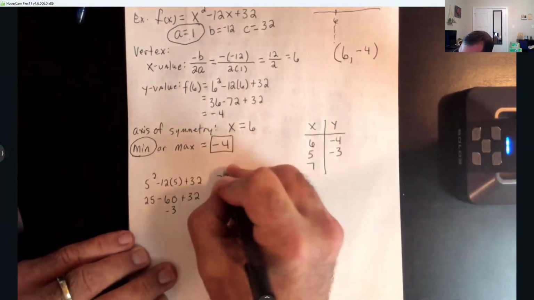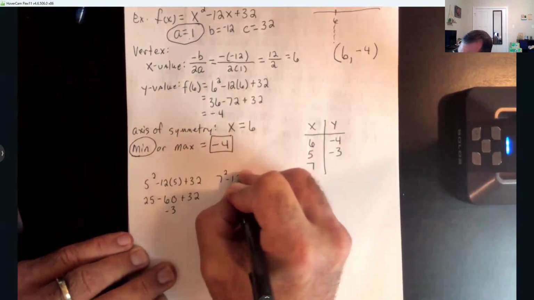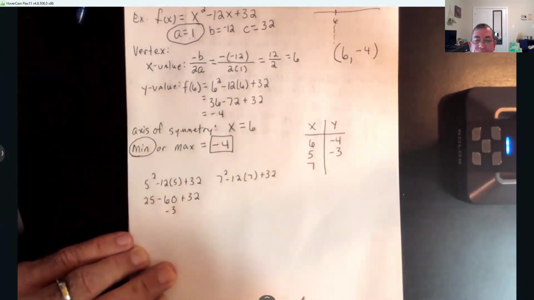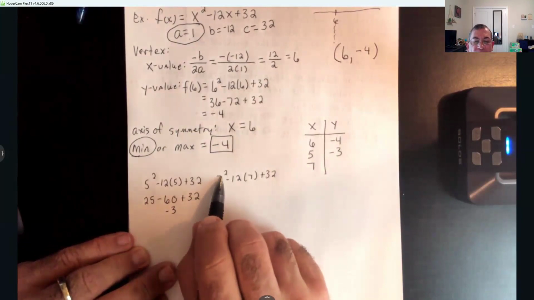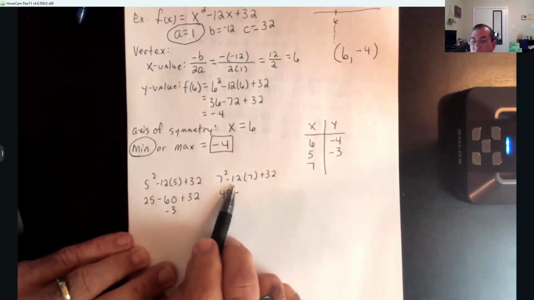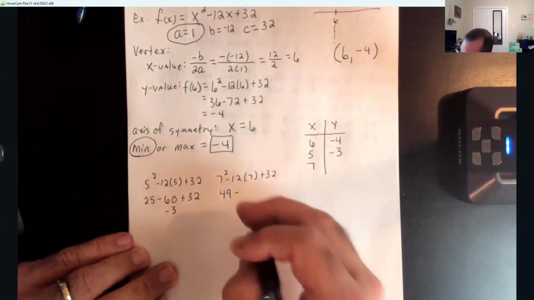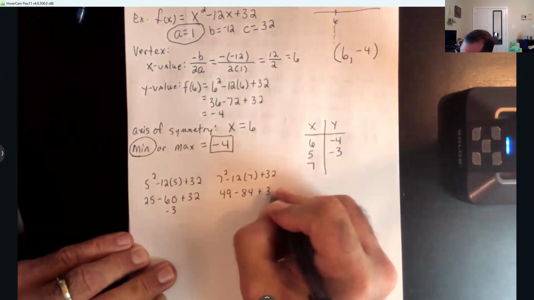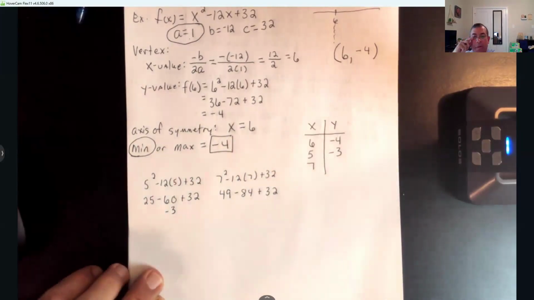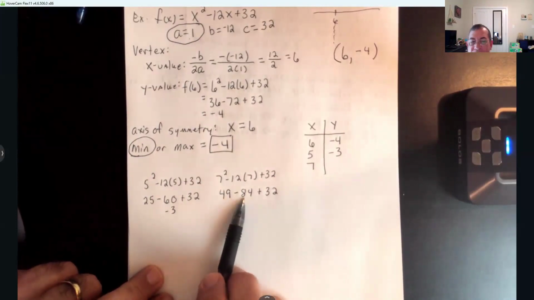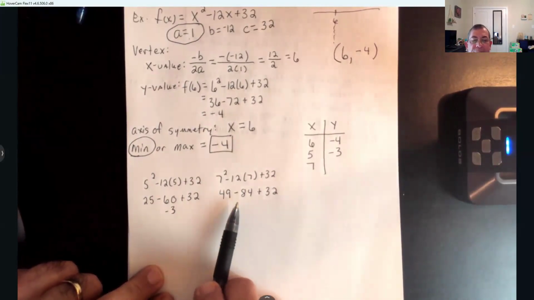So I'm going to do 7 squared minus 12 times 7 plus 32. All right, 7 squared is 49. Minus 12 times 7 is 84. And then plus my 32. So y'all, let's see. 49 minus 84 is a negative 35.